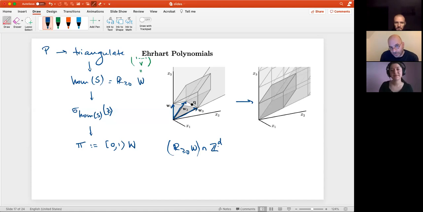But my parallelepiped, my Pi here, if I take Pi and translate by the right amount, I can tile the cone. And translating by the right amount is, if you think about this for a moment, precisely all integer combinations of the generators. And I want to make Pi half open so that I don't have an overlap.